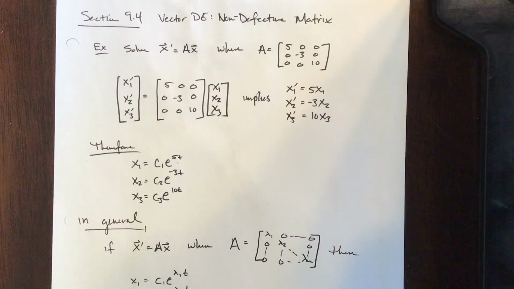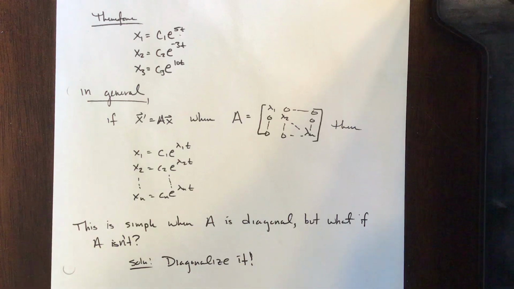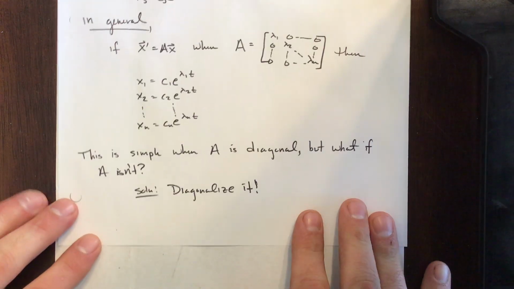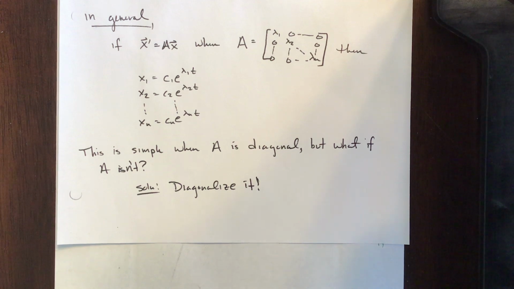So in general, whenever you're working with a diagonal matrix A, where you have lambda 1, lambda 2, all the way down to lambda n across the diagonal and zeros otherwise, the solution to that system of differential equations will look like x1 is the function c1 e to the lambda 1 t, x2 is the function c2 e to the lambda 2 t, and so on. So this is simple when A is a diagonal matrix, but what if A isn't?